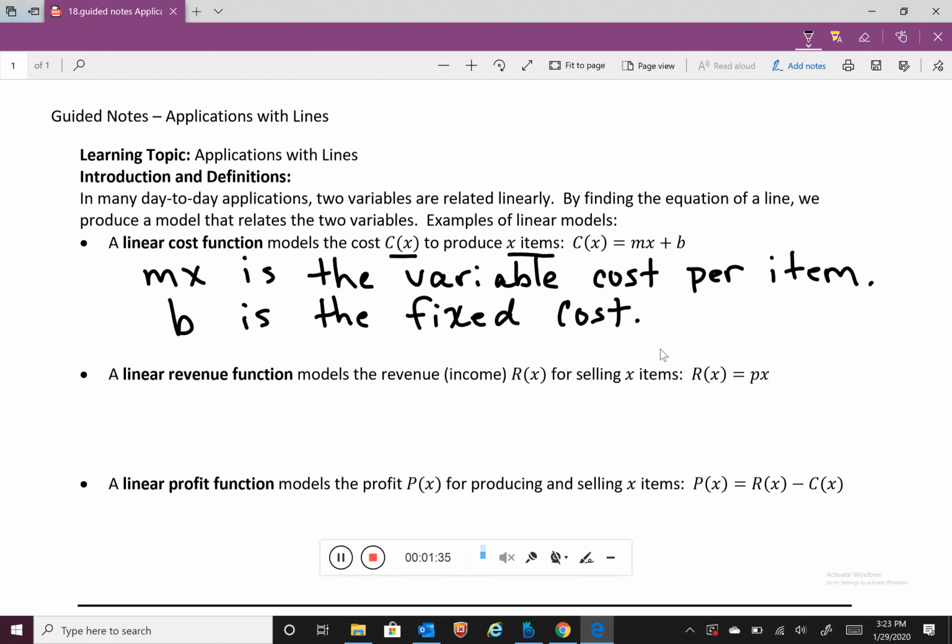Sometimes when we pay for something, it costs us a certain amount no matter how much we produce or do. So a linear revenue function models the revenue or income, how much money I'm making for selling X items.